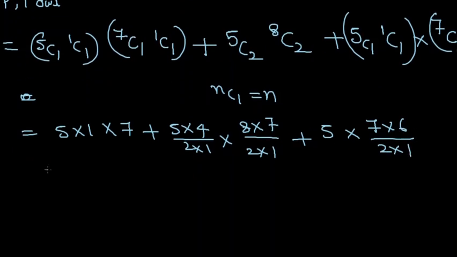So 5 sevens are 35, plus 2 twos are 4, 5 eights are 40, 40 into 7.